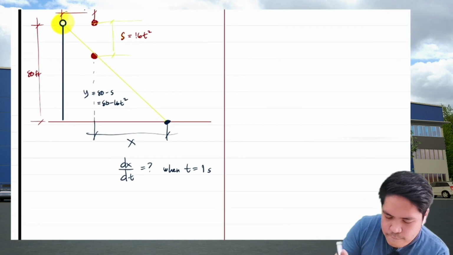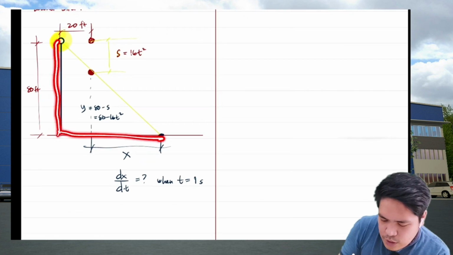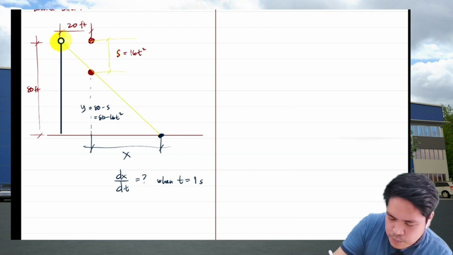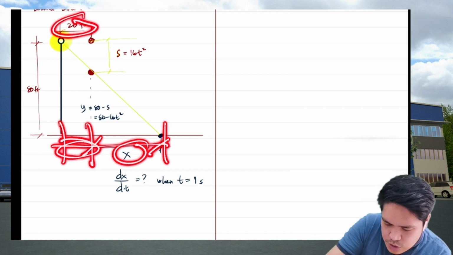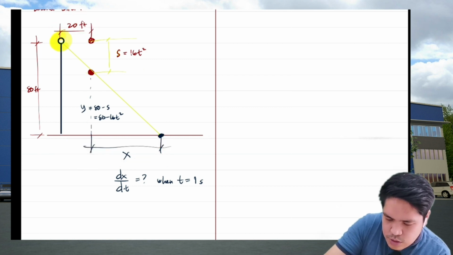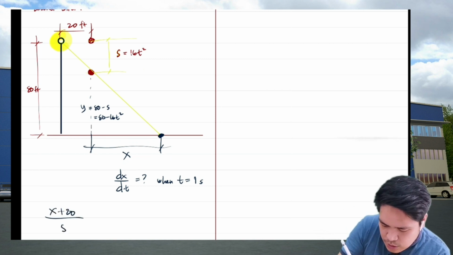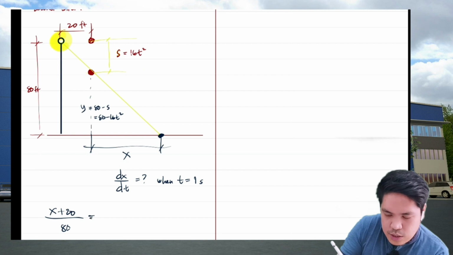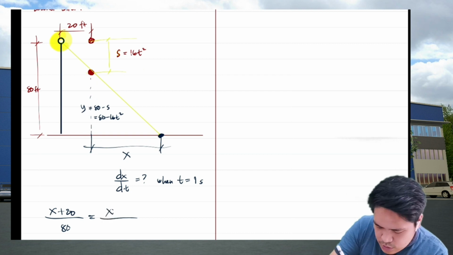Let's start with the larger triangle. This distance would be x plus this distance, which is 20. So x plus 20 is to 80 as x is to y.